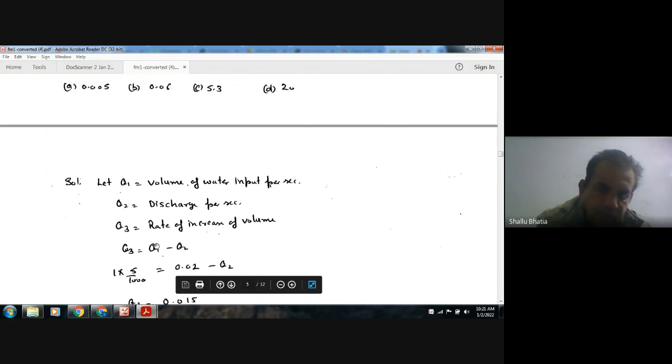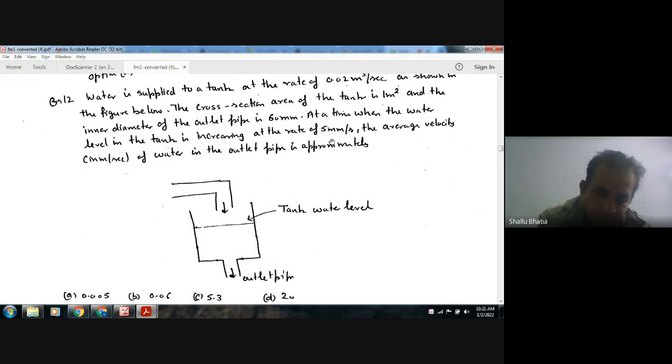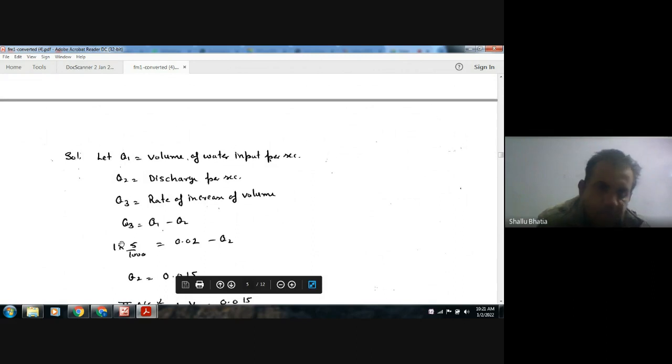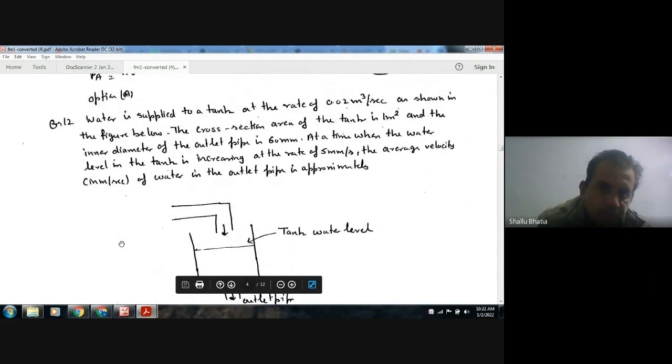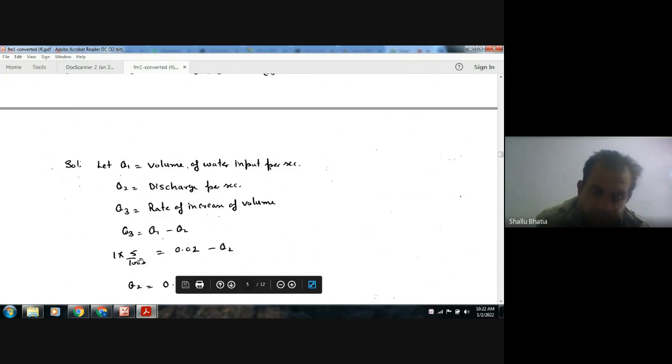Now Q3 is given: at that time the water level in the tank is increasing by 5 mm per second. The cross section area of the tank is 1 meter square. So this is the rate of increase of water level, or the volume of increase of water level.